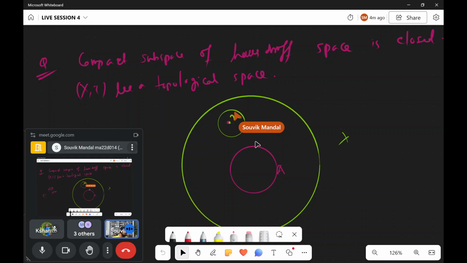Now how can one achieve this? Firstly, the given space is Hausdorff, correct? So if we choose each point of A, we will find an open set around that point and an open set around little x such that they are disjoint. So for each point in capital A, we are able to get such open sets.